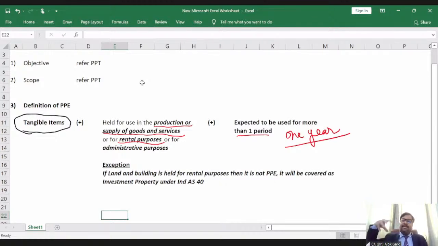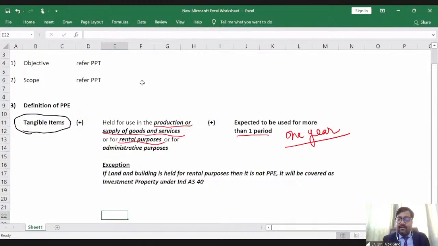So there are companies who are providing these luxury cars on a rental basis, right? These cars are not investment property. These cars are property, plant and equipment for these companies, right?